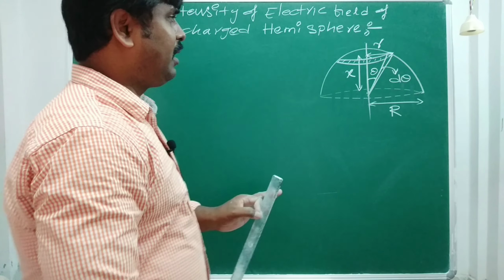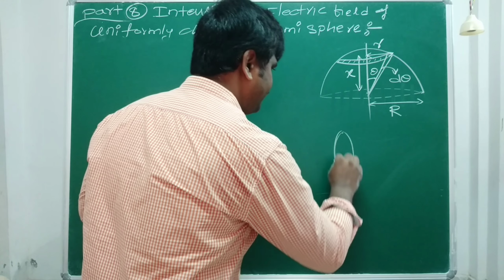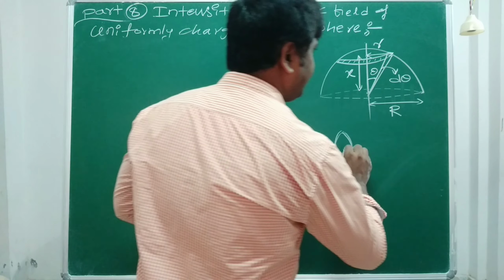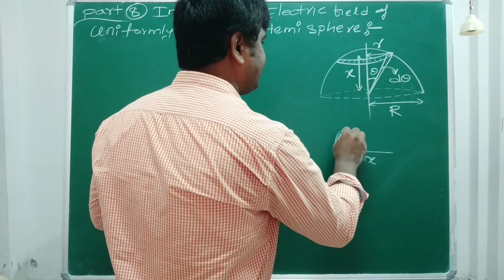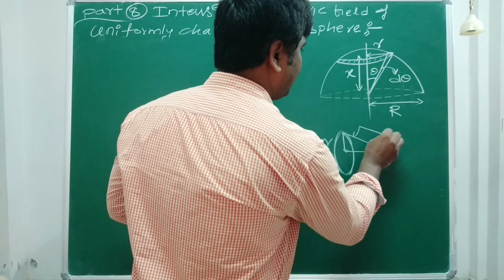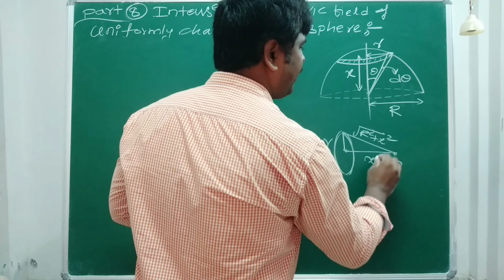So simply try to understand, this is like a ring only. This is the x and this is the r, and this value is root over r square plus x square. We want to find the field at a point P.